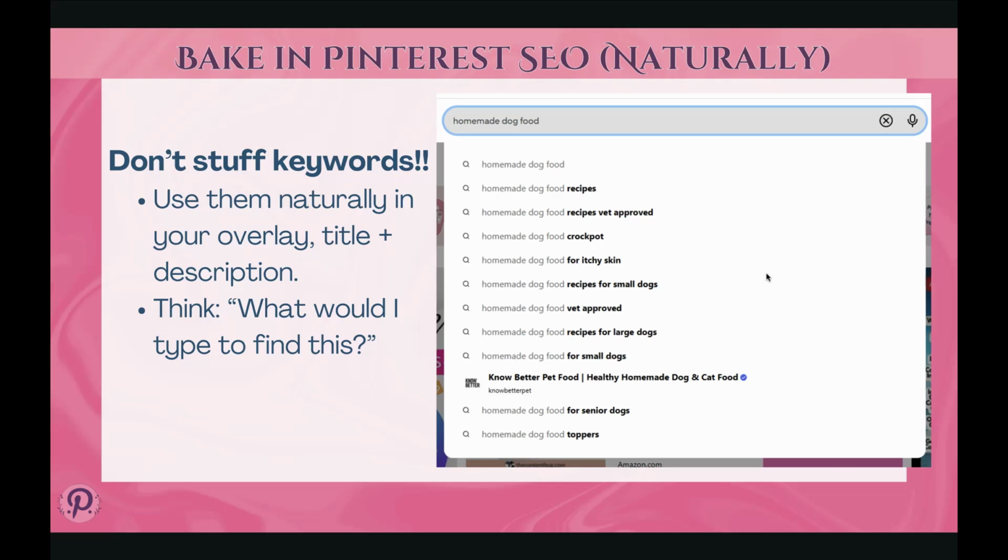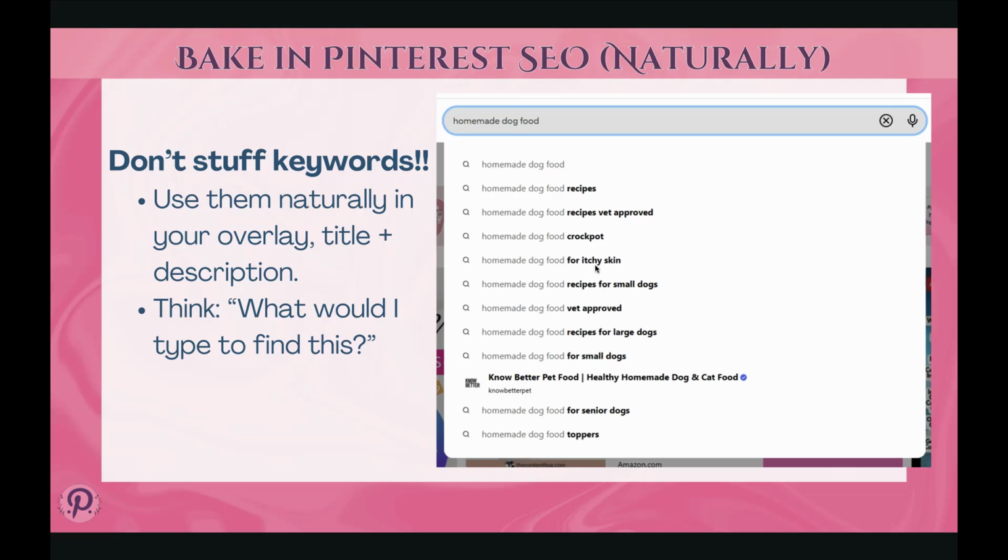And P.S., Pinterest knows when you're doing that and they don't like it. So don't do it. Use your target keyword in a way that is very natural. And usually I just say, what would I type into Pinterest if I wanted to find that? Right? And then build your headline around that and weave it naturally into your description and in other places where SEO is important.